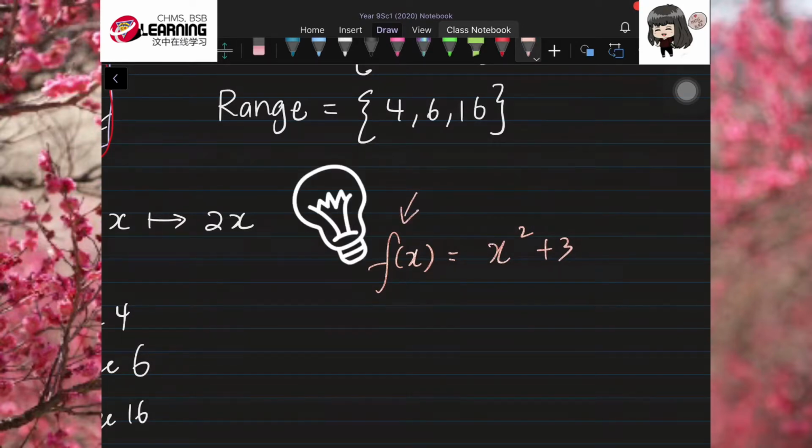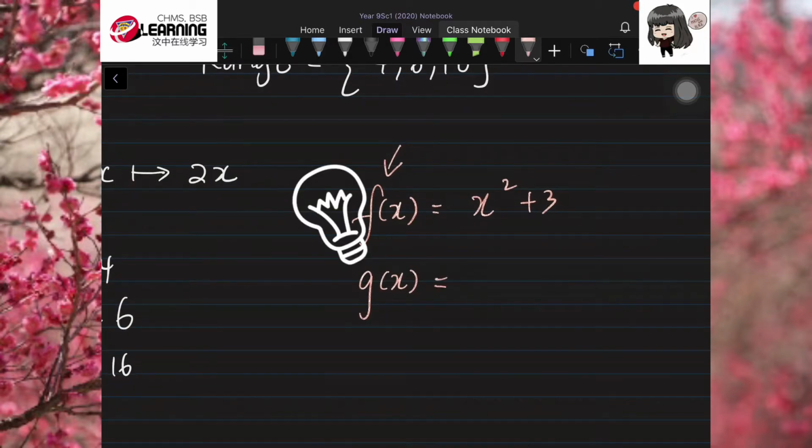Not only f, we can also use other letters like g, function g, so g of x can be equal to, let's say, x cubed minus 3, or it can be as complicated as this form.